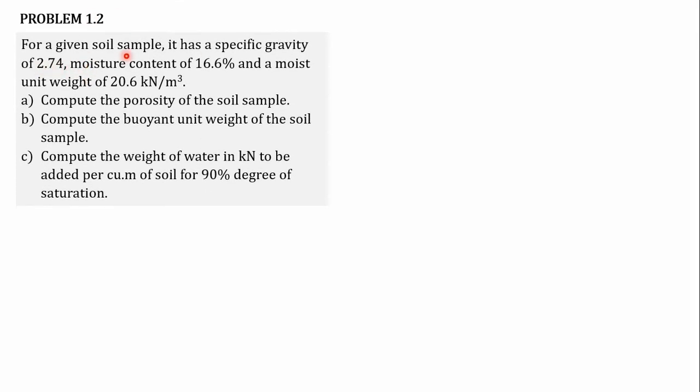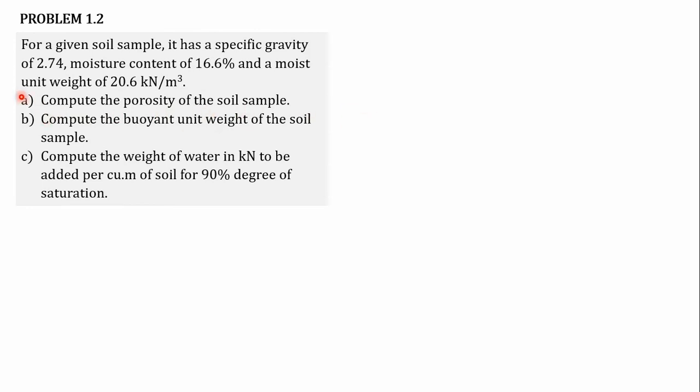For a given soil sample, it has a specific gravity of 2.74 and a moisture content of 16.6%, and a moist unit weight of 20.6 kilonewton per cubic meter. Question A: compute the porosity of soil sample.